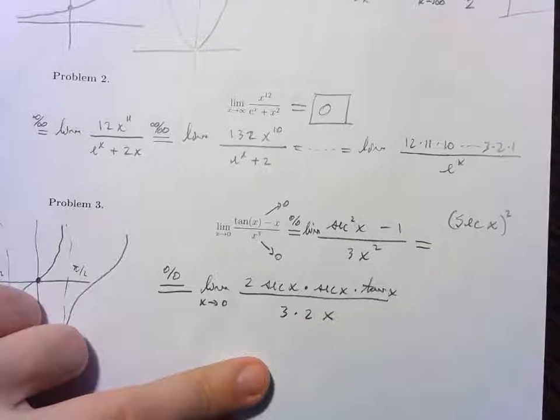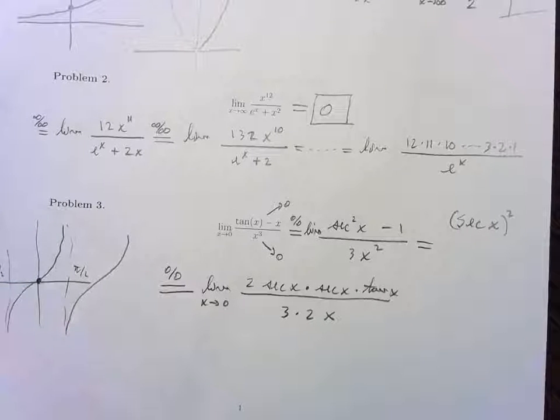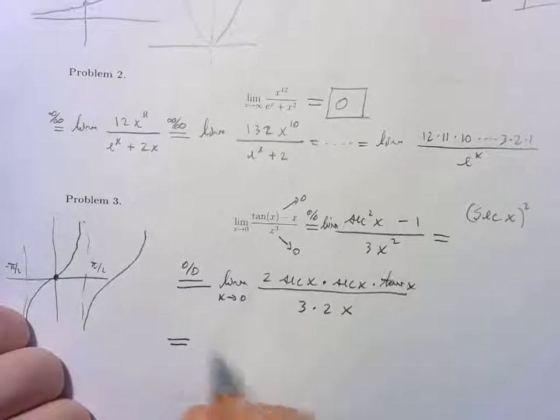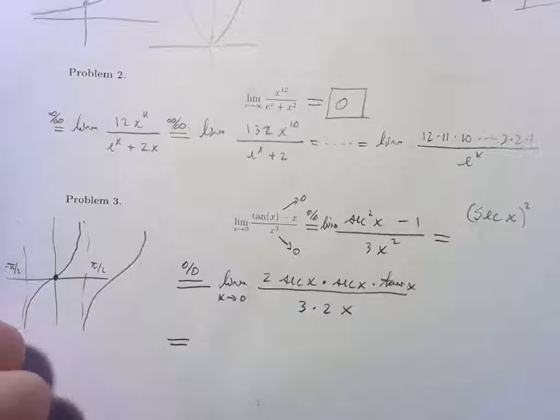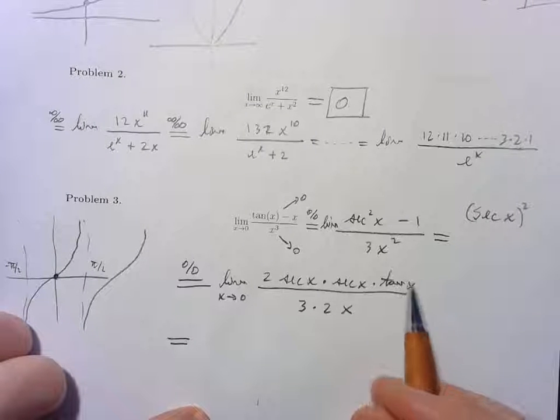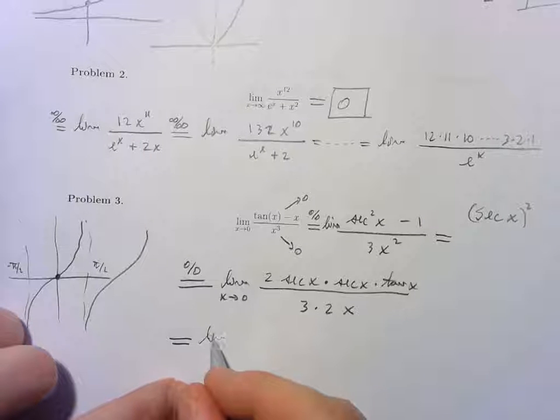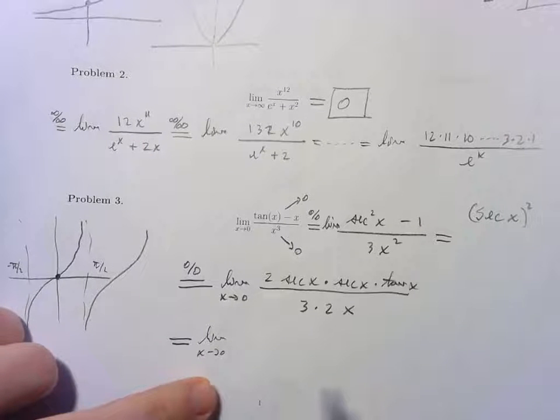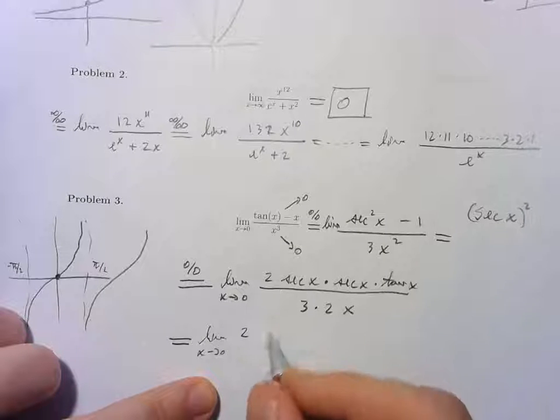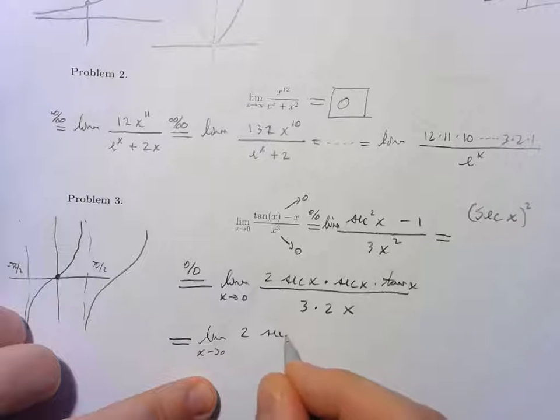Now, as x approaches 0, the question is, what does this approach? What I'm going to do next, instead of thinking about what secant does and what tangent does, I'm going to split the tangent as sine over cosine. And so I'm going to rewrite this as the limit as x approaches 0. And what do I have on top? I have 2 secants here, which is 1 over cosine.